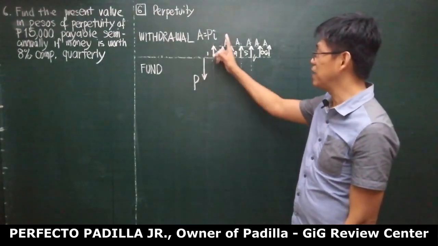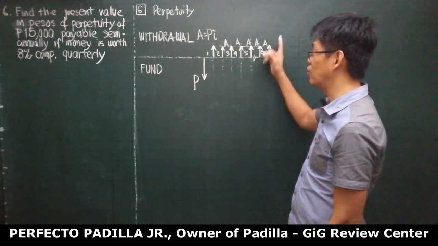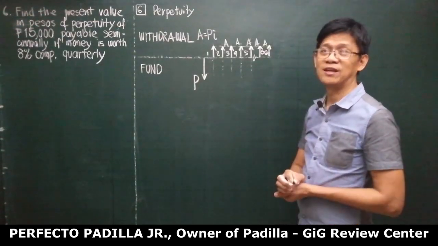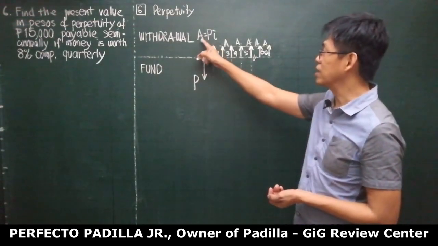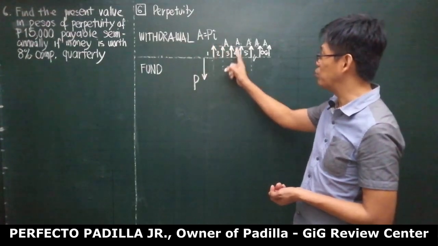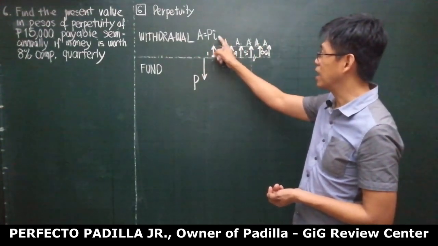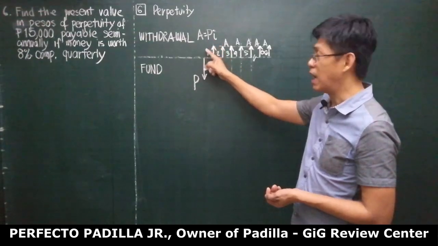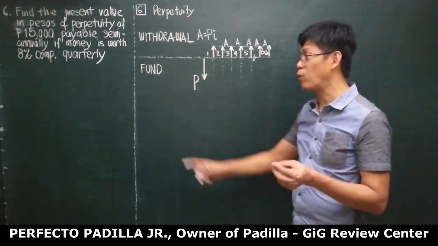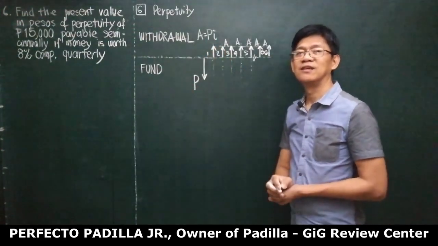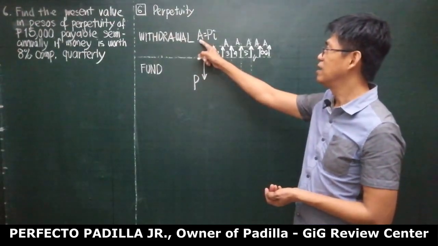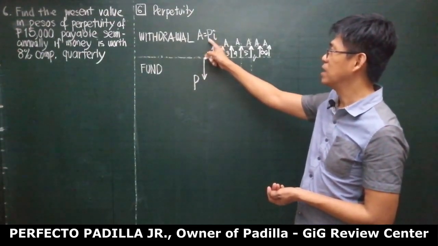This infinite withdrawal is called perpetuity. So the key equation is A, the perpetual withdrawal, equals P times i. So the present amount, or perpetual fund, is P equals A over i.